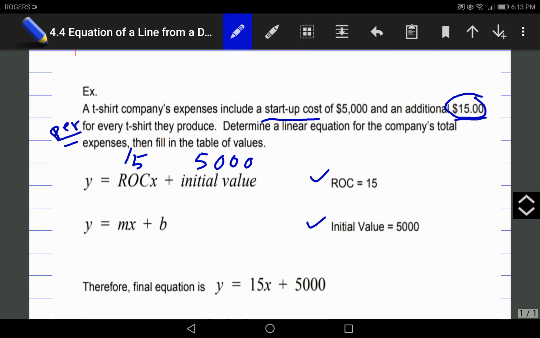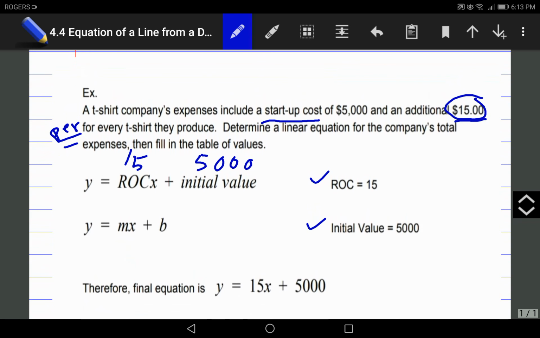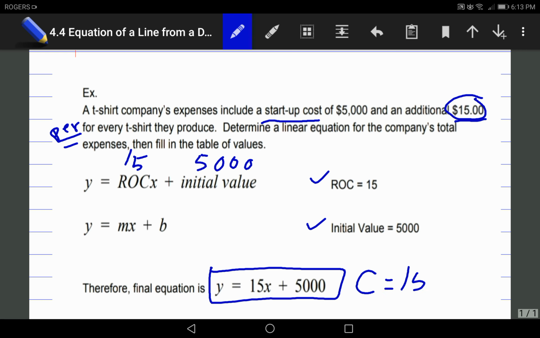So here's our final equation. Okay, but let's write it with different letters than y or x. Okay, so I told you, if we look here, it says that we're finding the total expenses, or again, we can just say the total cost. So you can put, again, a capital C on the left because we're finding the cost. It's $15 per t-shirt.